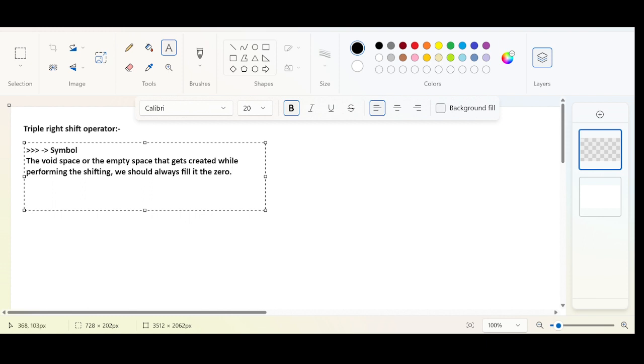This triple right shift operator can also be called the unsigned right shift operator, or the logical right shift.